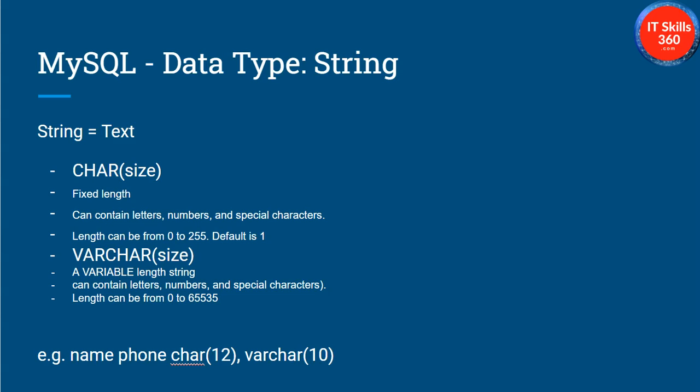String type is nothing but text type also. Text meaning it would contain certain characters, such as a name would contain characters. Now in string type or text type data, there are two different ways it can be defined in MySQL especially, but I think most database systems allow this. One is called CHAR, which stands for character basically. And then in parentheses you define how many characters.